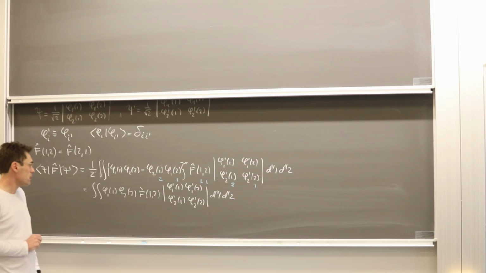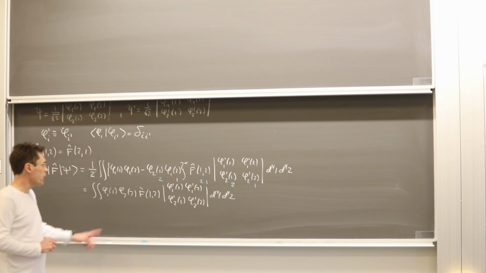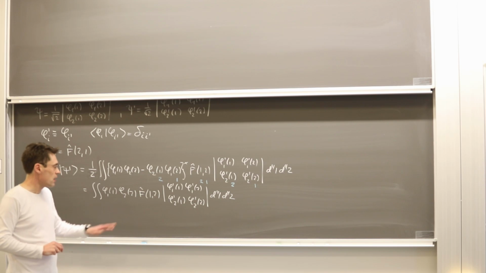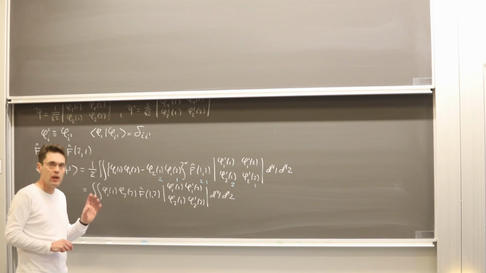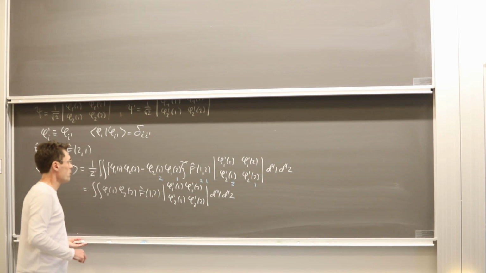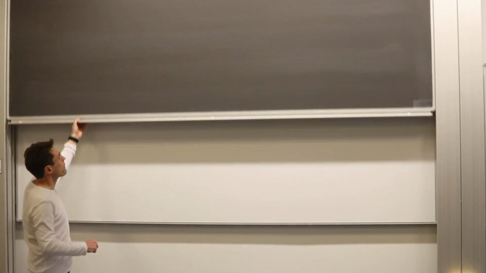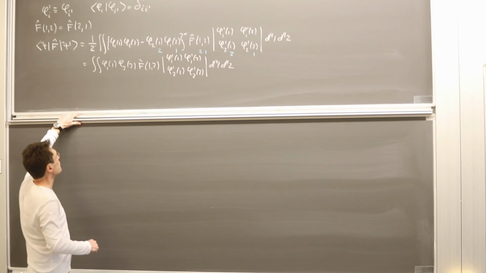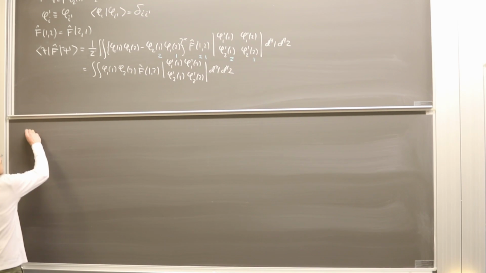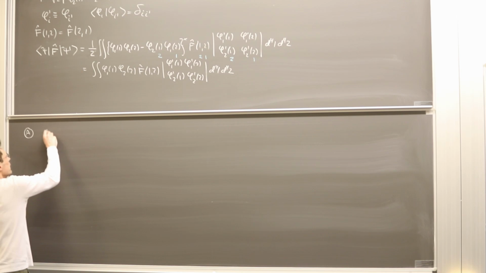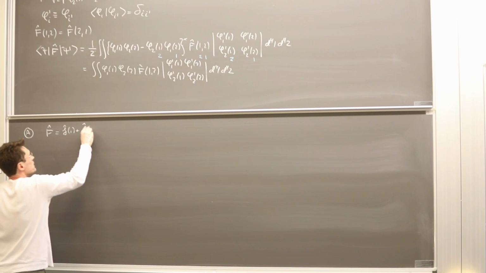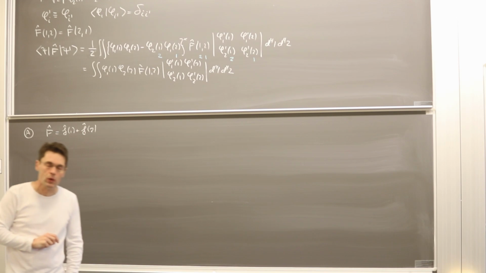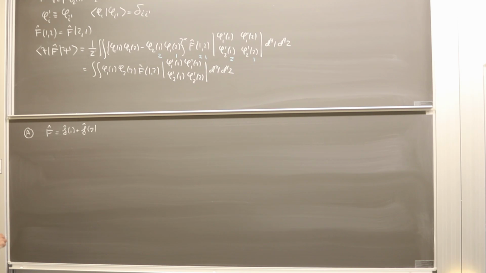And now we will try to look at different cases. The first case will be the one where F is a sum of one-electron operators, and the second important case is where this F is truly a 2-electron operator. So the first case I'll denote by A. In this case F is given in this manner. So it's a sum of 2 identical terms, one for each electron. So I have to plug that in here.